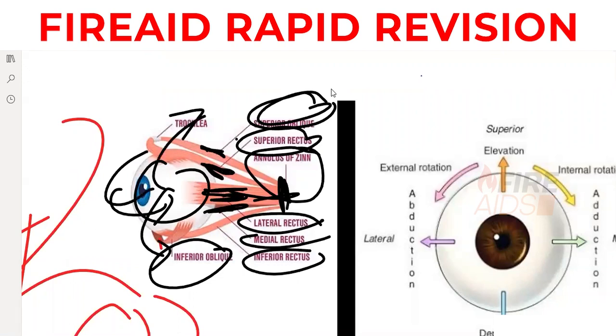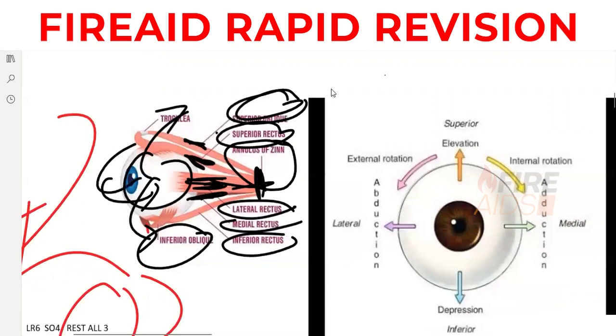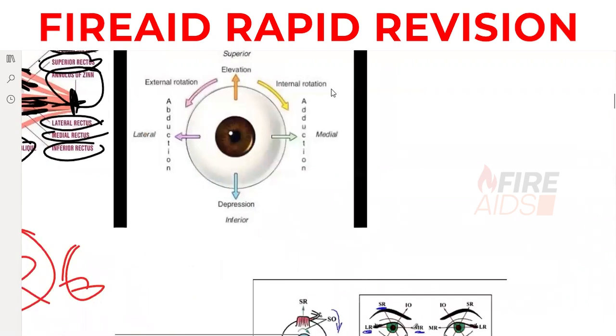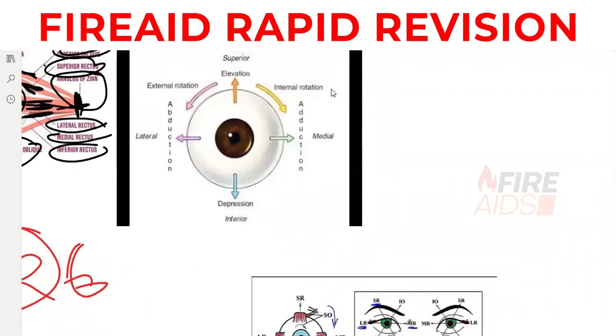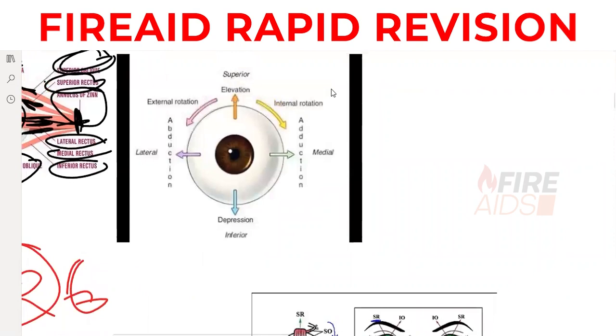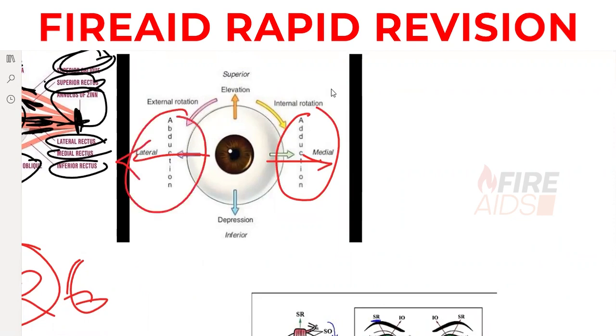What I'm going to do is simplify how to answer the MCQs regarding eye movements. First, basic is basic. When the eye moves towards your nose, that is the medial side, it is called adduction. When the eye moves away from your nose, to the lateral side, it is called abduction. Towards is adduction.